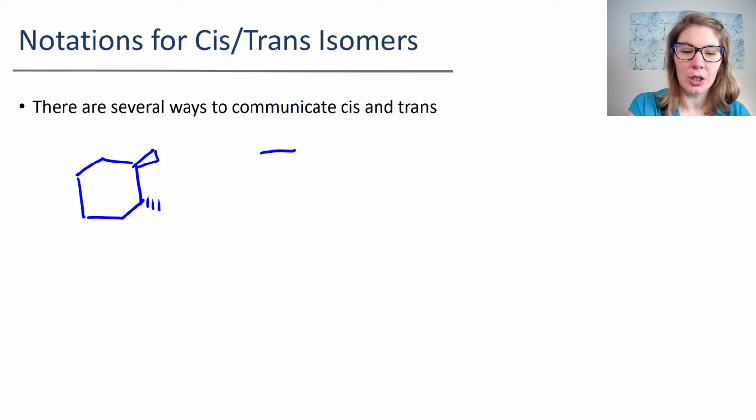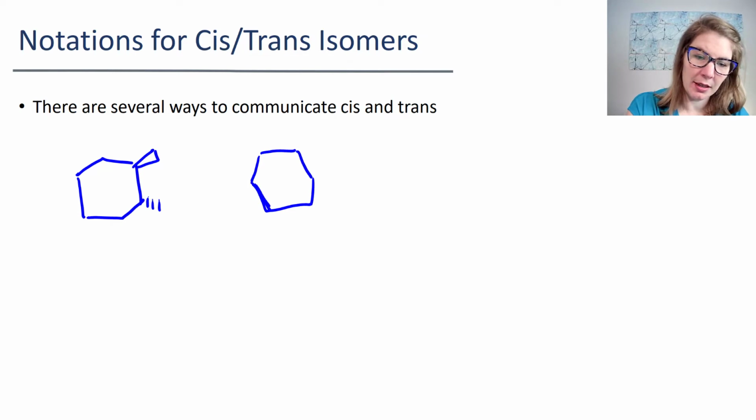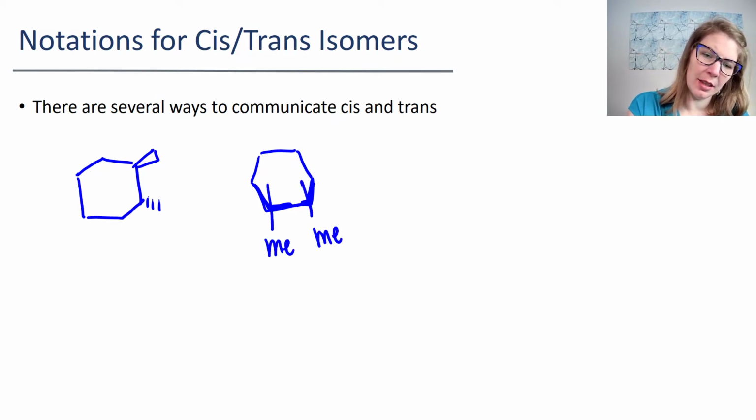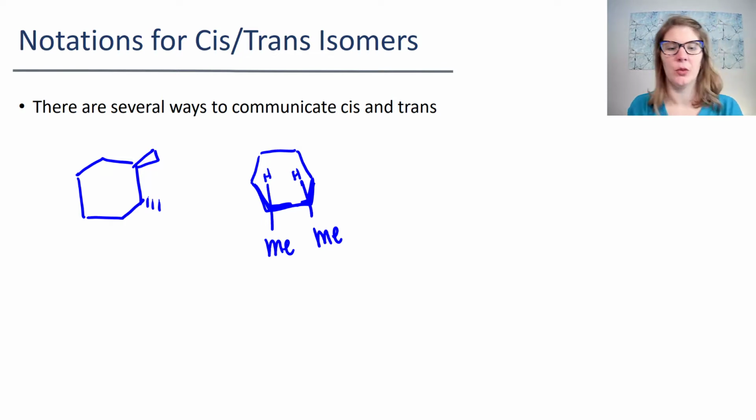Another way is to look at that ring head on, right, and bold this in, and say that you have a methyl here and a methyl here, and then hydrogen here and here. So this is a way to communicate cis and trans. And then the final way that you could communicate cis and trans would be in a chair conformation.